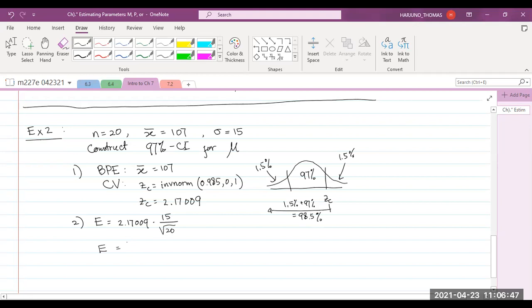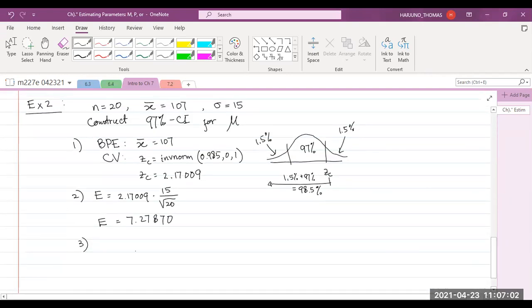I get 7.27870. Now then, the last step, declaration, 97% confidence interval for mu.